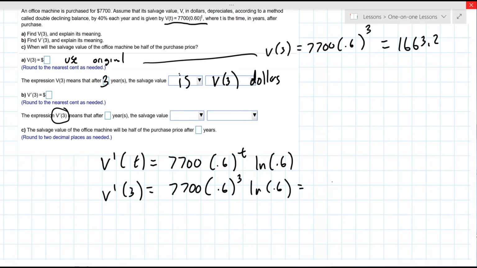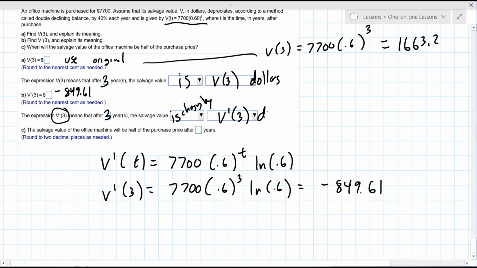That is negative 849.61. It's supposed to be negative. After 3 years, the salvage value is decreasing because it's going down, changing by V prime of 3, which is minus 849.61 dollars per year. Okay. These will always be the same because all they're going to do is change the numbers up here in this equation for you.